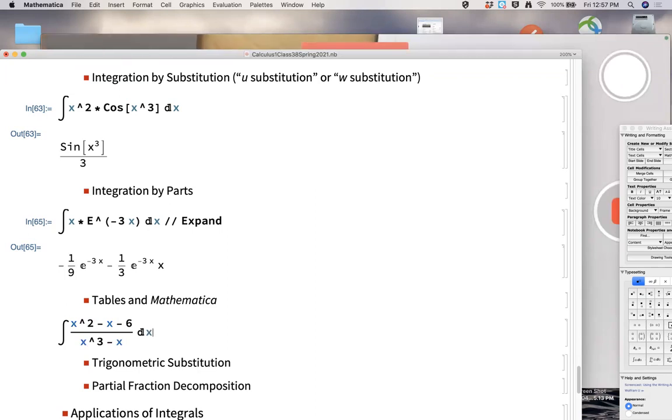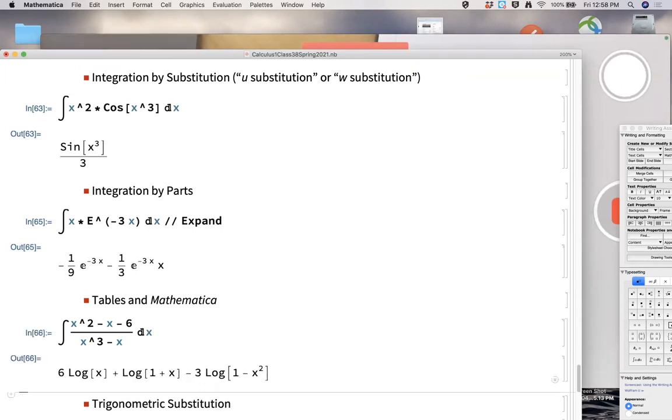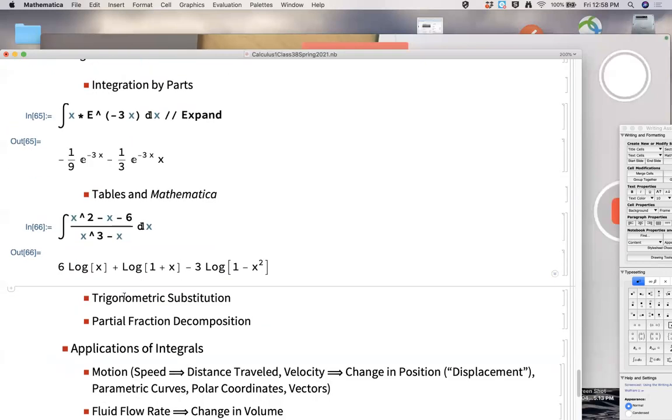Doing that kind of integral is possible, but it's pretty hard. There's the answer. Log means natural log, and you'd want to, again, put a plus c at the end. You have to use either Mathematica, maybe a table, or something called partial fractions, which is another technique that I do mention here.